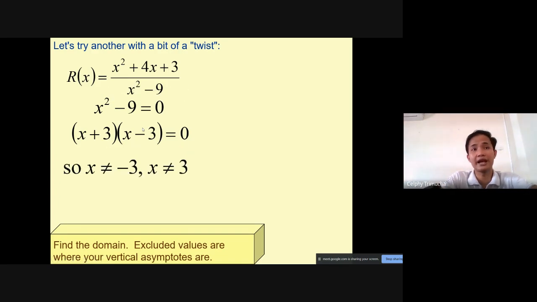Kay kung i-graph naton ang aton nga function, okay, do not be confused.